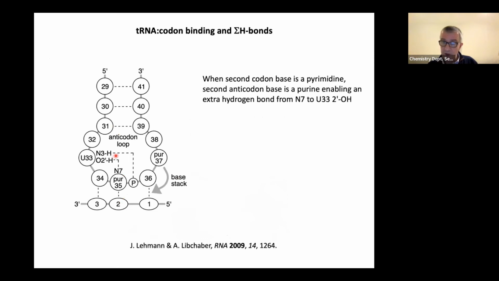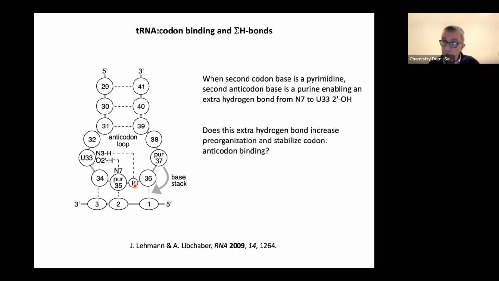And those fourfold degenerate boxes are characterized by having an extra hydrogen bond. In the case that they don't have all GC, they have an extra hydrogen bond between the 2' hydroxyl of U33 and the internucleotide phosphate indicated here.